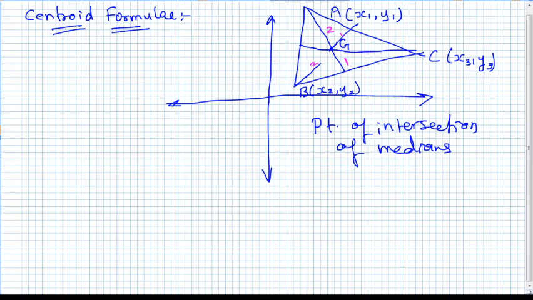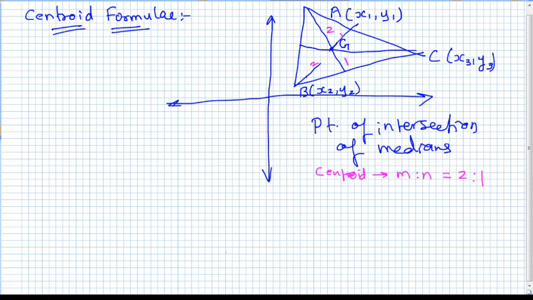The bigger part you take as 2 and the smaller as 1. So for the centroid, m is to n will be 2:1. Remember that. That's an important property. Sometimes some questions are asked based on this property.